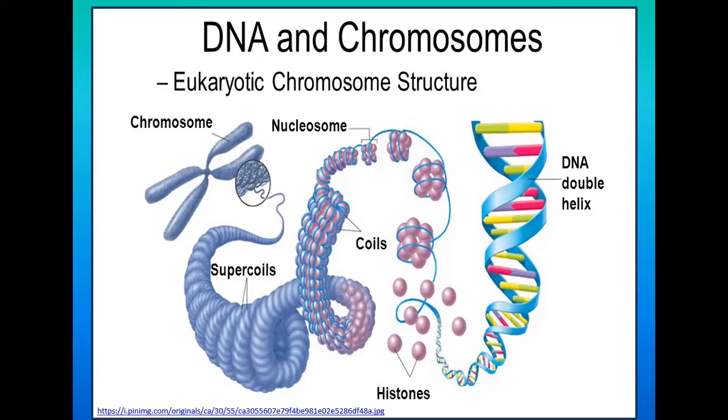So this portion of a DNA may be responsible for the color of your eye, and another segment or section of your DNA molecule could be responsible for your height. So again, genes are segments of your DNA strand.